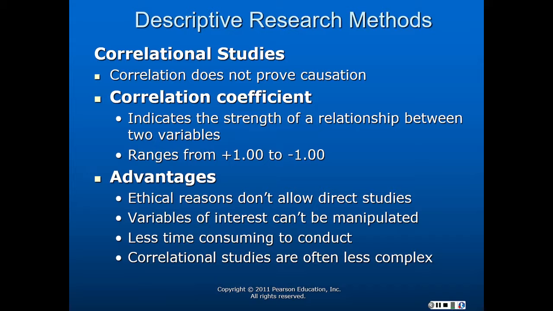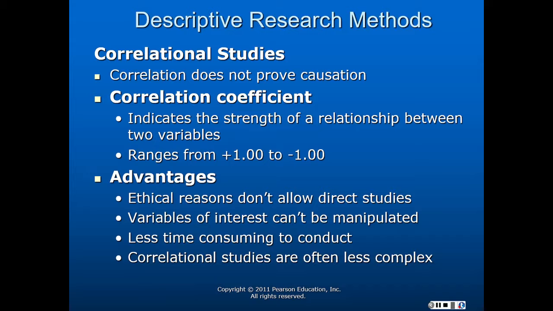Another advantage to a correlational study is that it's less time consuming to conduct. You're basically collecting information on behaviors that were previously performed or are currently being performed, and then you can receive some form of summary of how that particular behavior interacts with another behavior.